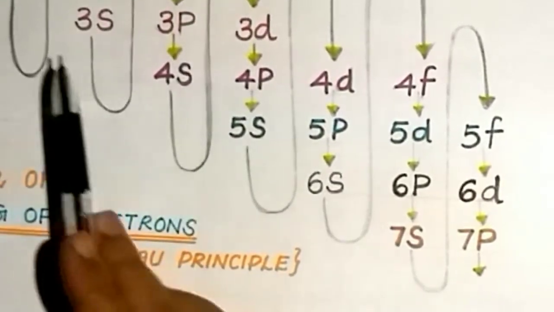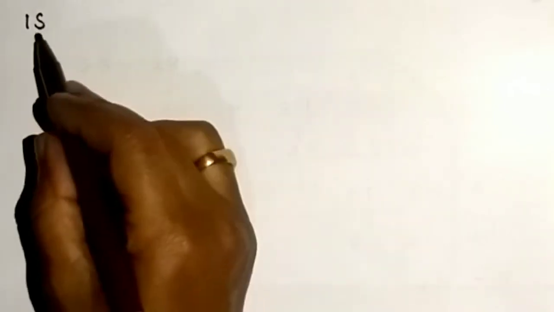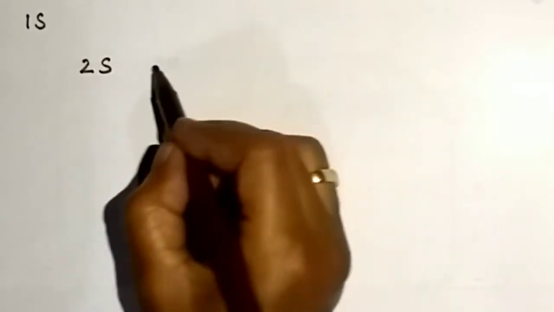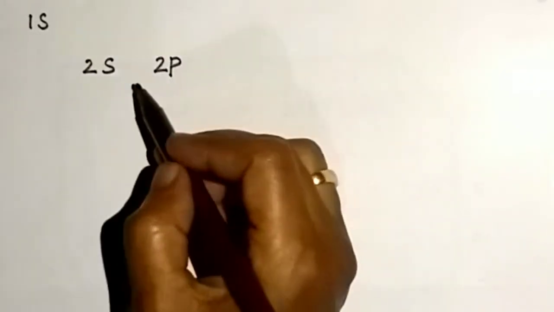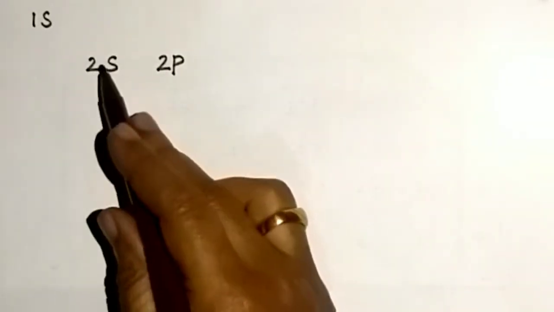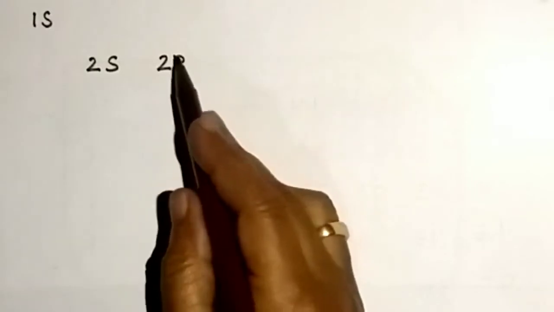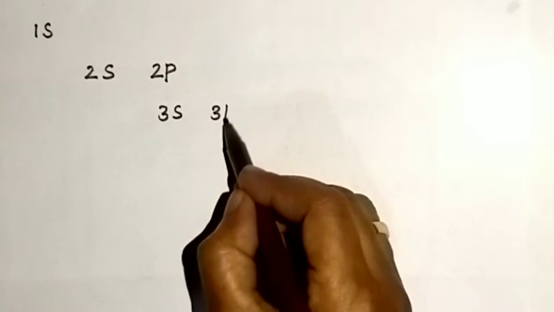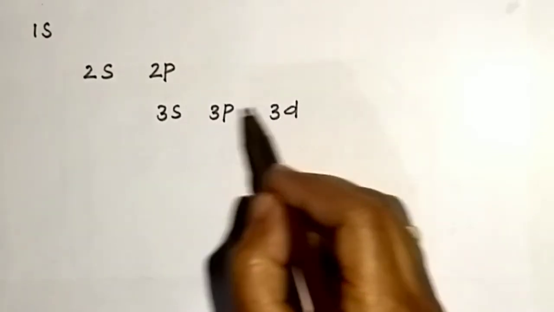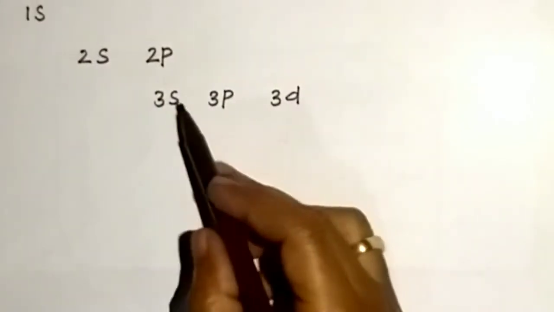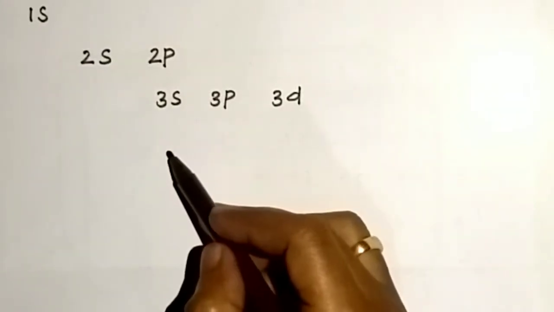Now we study how to draw this figure easily. Write 1s. For the next one, leave a space. Then 2s and 2p, because n equal to 2 has two subshells, 2s and 2p. Then leave one space, and at the bottom of 2p write 3s, 3p, 3d, because n equal to 3 has three subshells. Then leave the exact bottom portion.